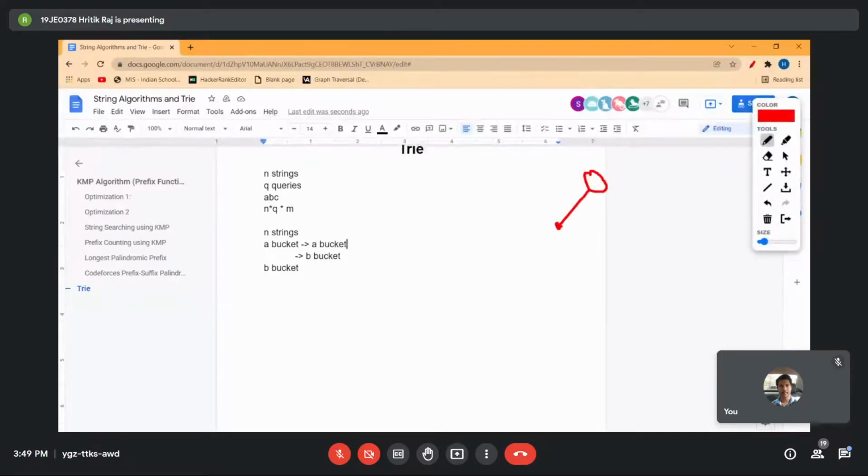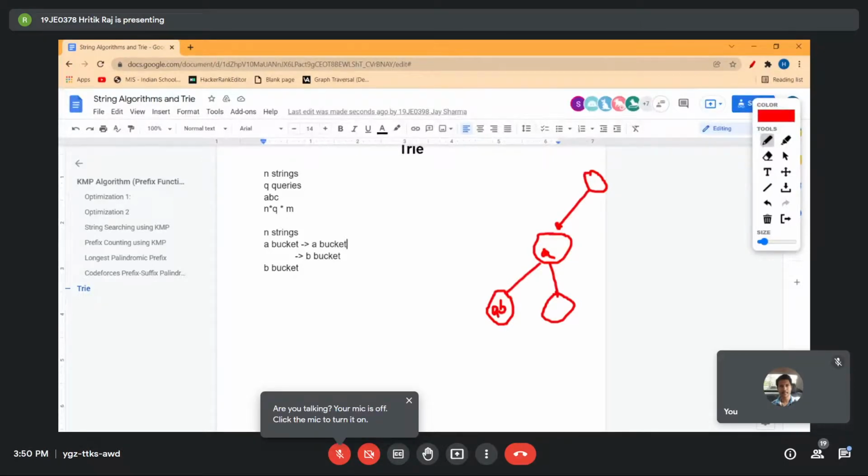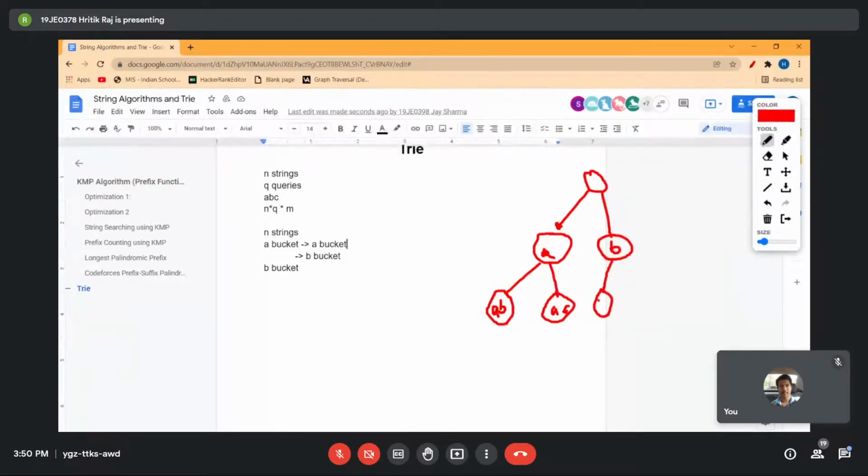All those strings which are starting with A will be present in this bucket. All those starting with AB are present in this bucket, all those starting with AC are present in this bucket, and for B, all which start with B, and BA, are present in this bucket.